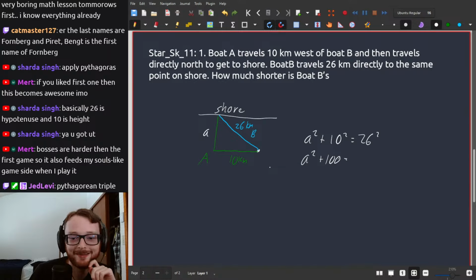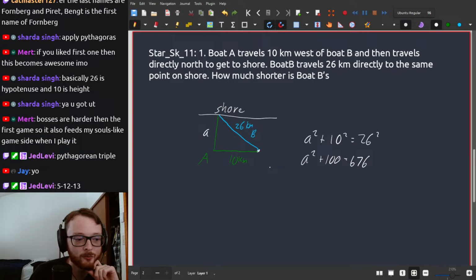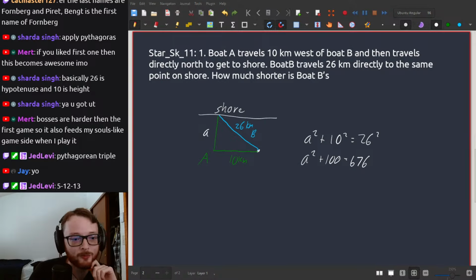It's a Pythagorean triple times 2, right? I forget. Is it 3, 4, 5, 12? Or no, 5, 12, 13? Either way, I'm going to go with 5, 12, 13. There we go. So this should be 12, then, or 24.